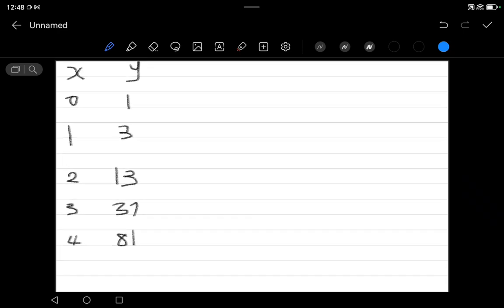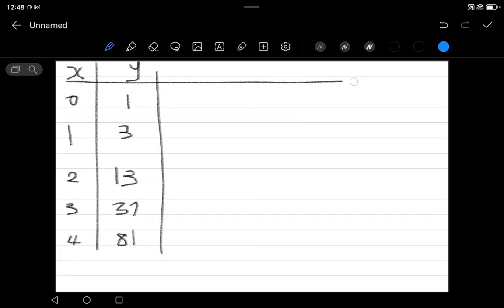Remember, now we are doing the backward. We write our change f facing down. This shows that we're doing a backward difference. Now let's calculate the value of backward difference here.